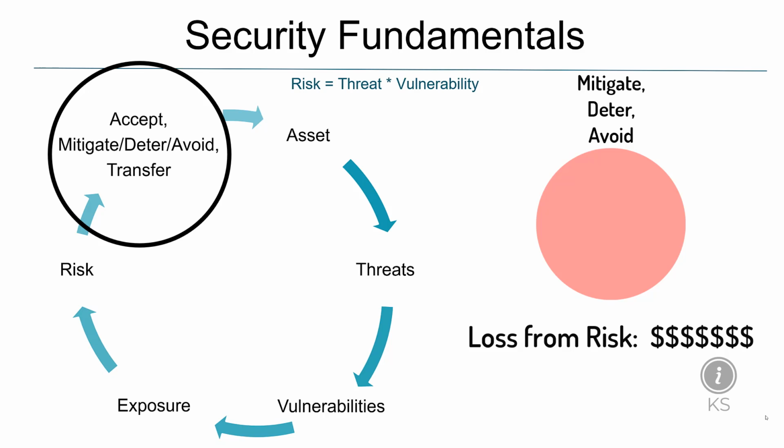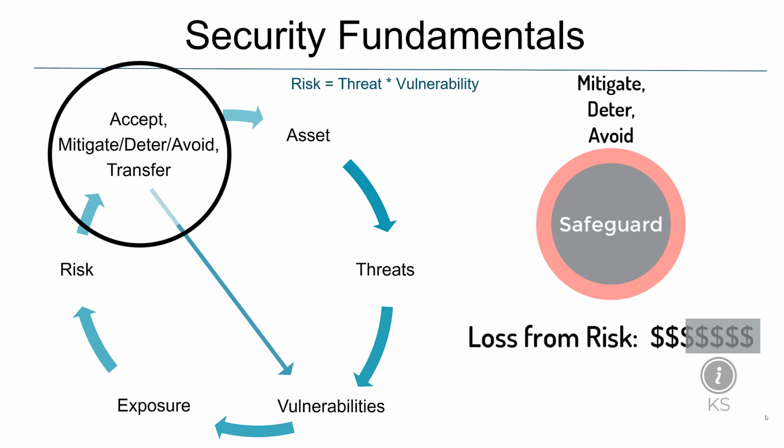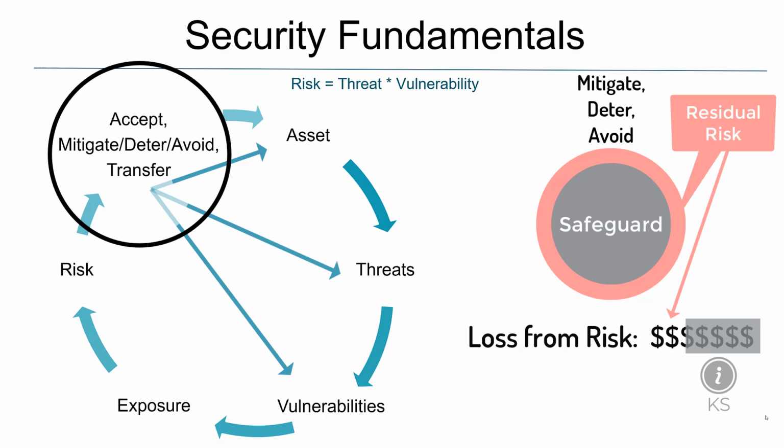We can do this by applying mitigation techniques to the vulnerability, the threat, or even the asset itself. Sometimes when we address the asset directly, we can find a way to avoid the risk completely. Also, after implementing mitigation techniques, we may still have residual risk. With residual risk, one option may be to purchase a cyber insurance policy.